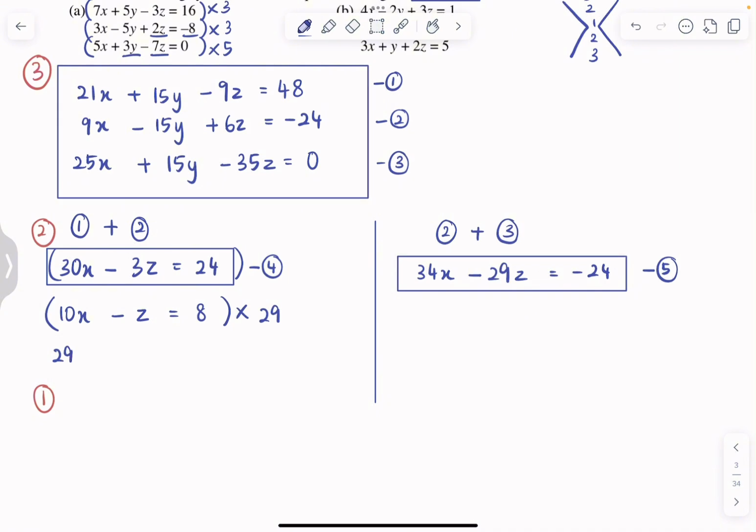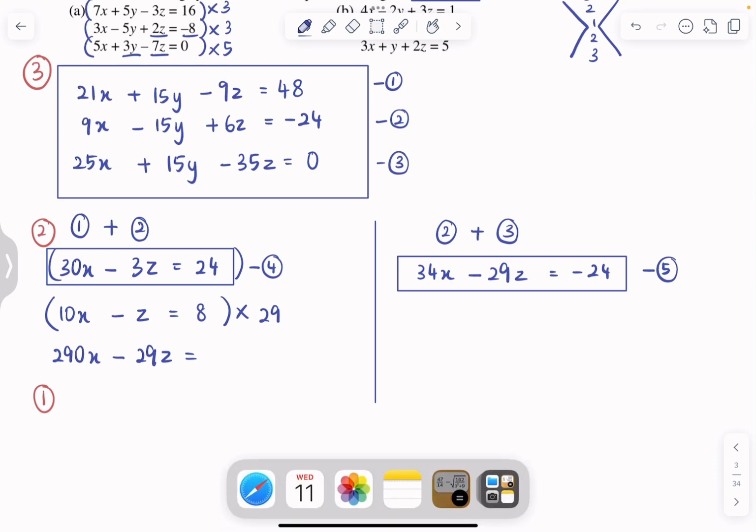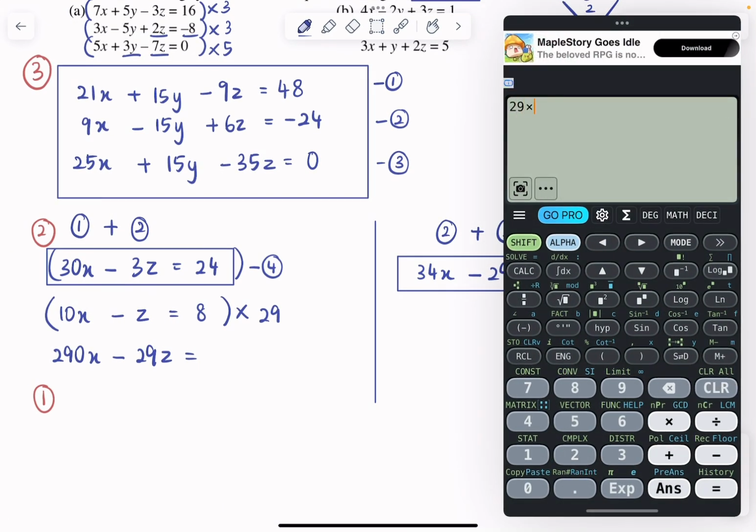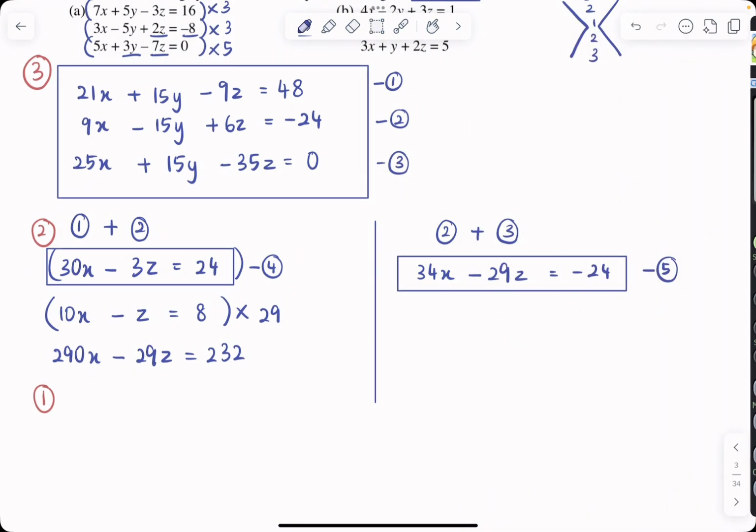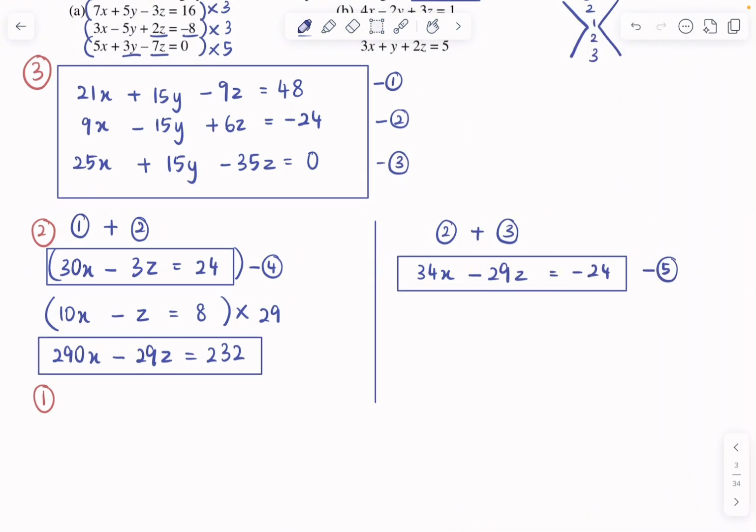So we'll get 290x minus 29z equals 29 times 8. We get 232.